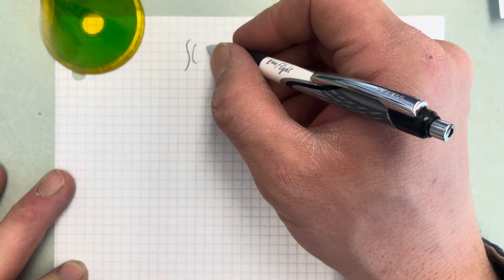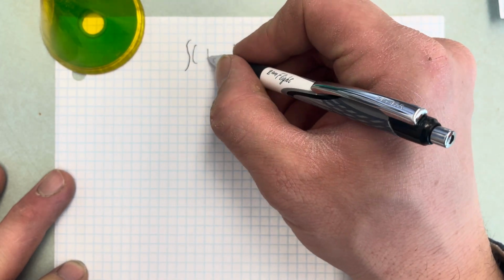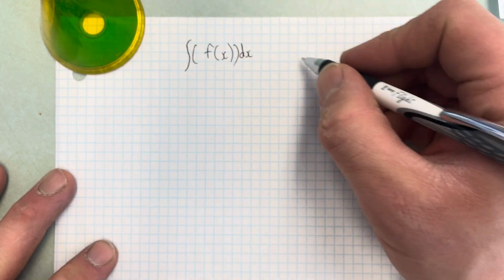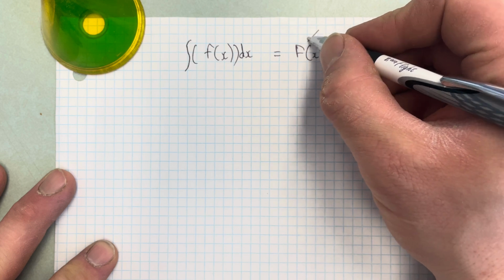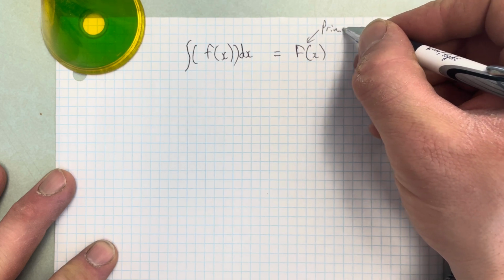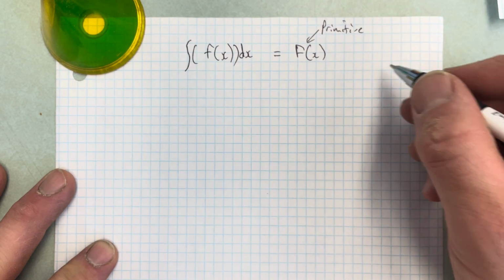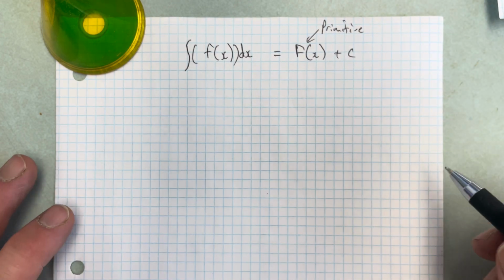So again, if we had the integral of some function f of x, the result would be some function capital F of x, which is the primitive or antiderivative, plus some constant c.